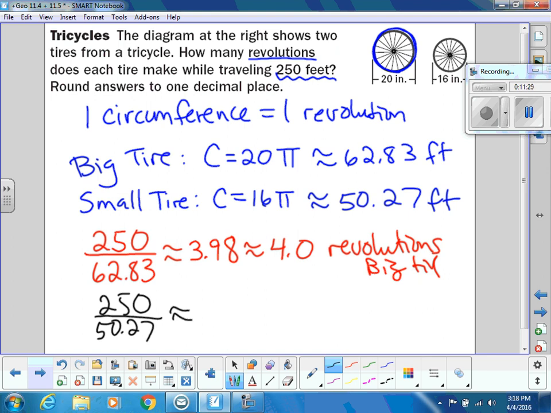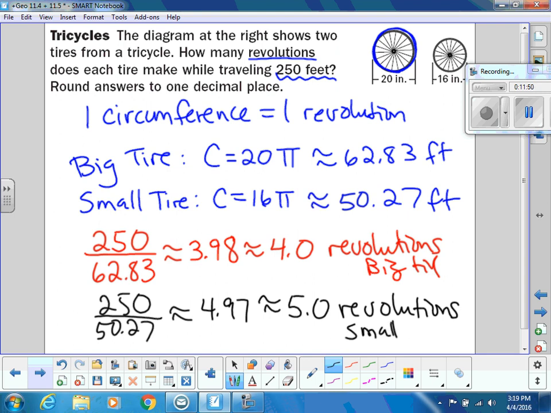So we're doing 250 divided by 50.27. And that's giving me 4.97. So again, if I round that to one decimal place, that rounds up to about 5 revolutions. And that makes sense, right? It makes sense that the small tire would be turning more often than the big tire.